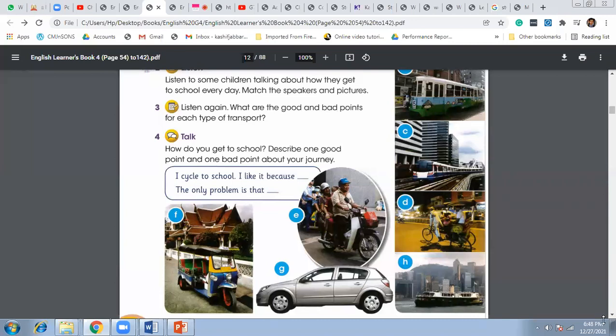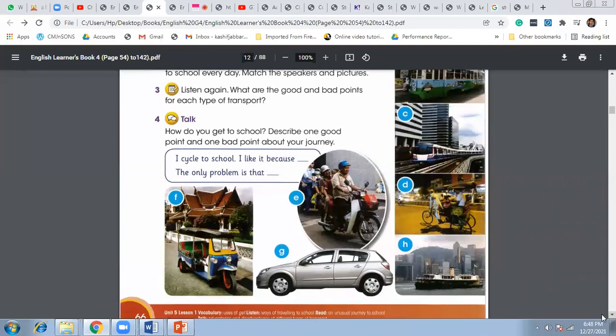And when you were coming to school for 2 years, how did you come to school? Which picture? Car. So what is good about the journey of the car and what is bad about the journey of the car? Can you tell me one good point and one bad point?